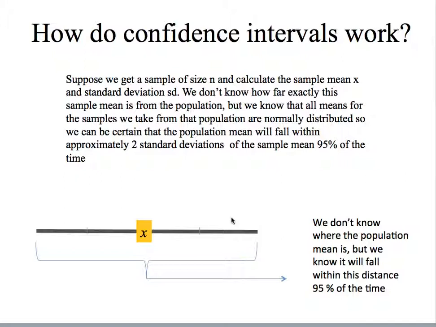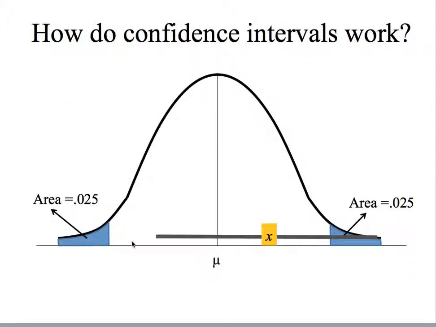We won't know exactly where the population parameter lies, because we will never be able to observe the population. But statistical theory allows us to say that 95% of the time or 99% of the time the population parameter will fall in this. Let me show you that graphically.